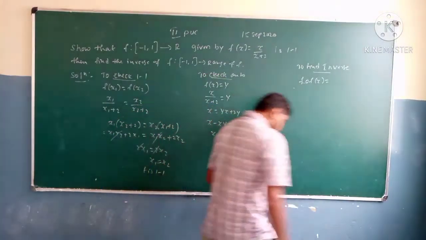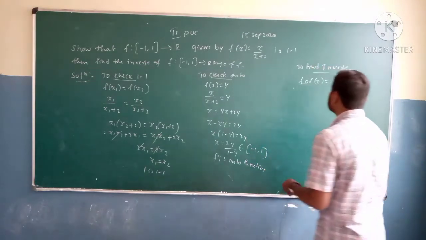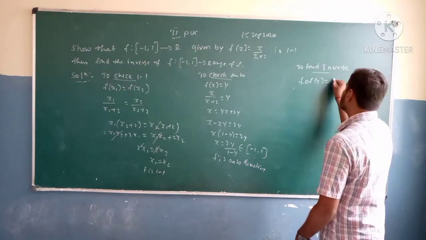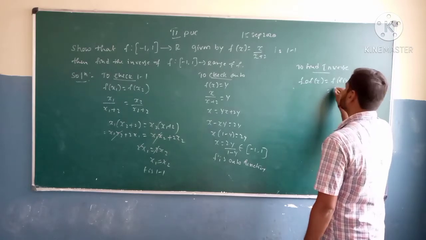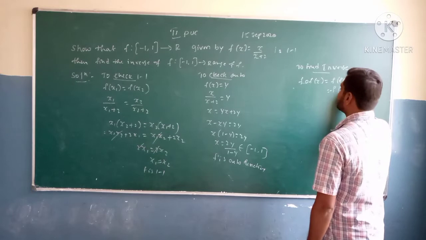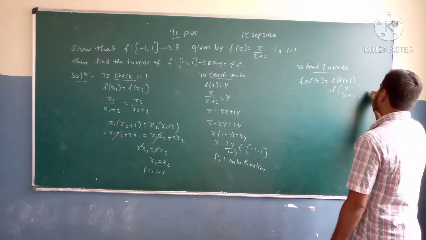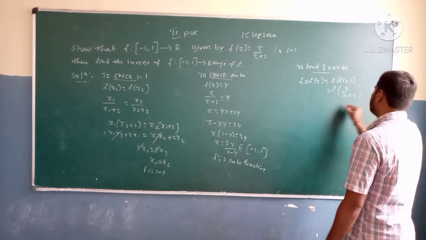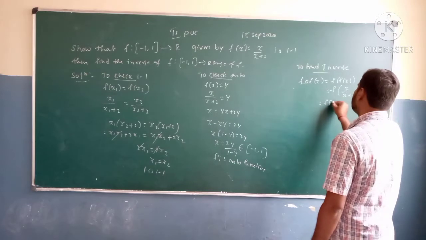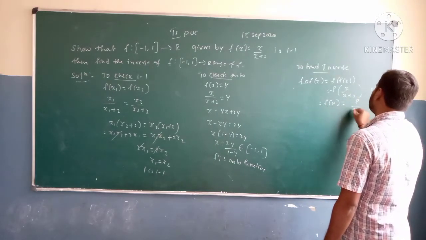So here, to find the inverse function, f of x is nothing but x divided by x plus 2. Here I am assigning p is equal to x divided by x plus 2. So we are getting f of p is nothing but p divided by p plus 2.